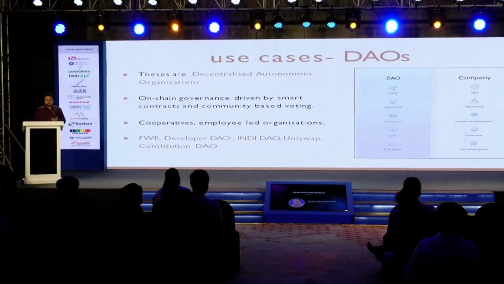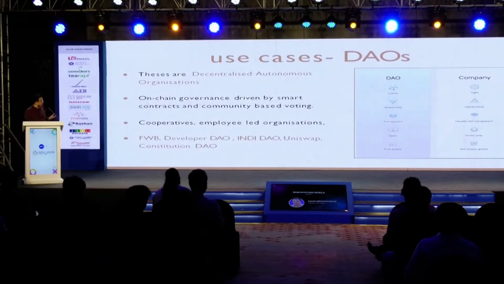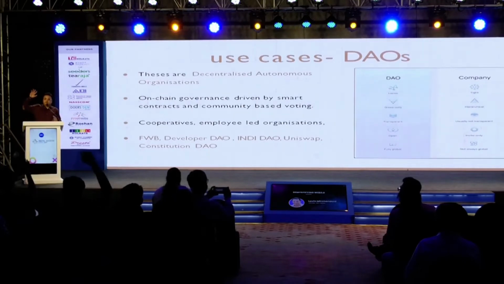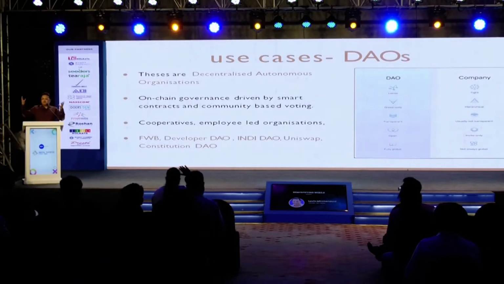DAOs, decentralized autonomous organizations. Think of them as companies. Do you know how Amul runs as a cooperative? Have you heard of Amul running as India's largest cooperative? Right, it's run by members of the organization. There are employee-led organizations. That's very similar to how a DAO functions.